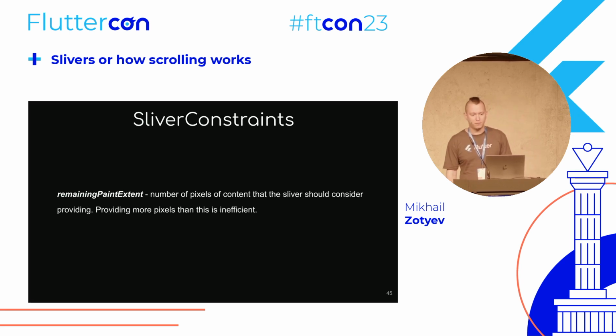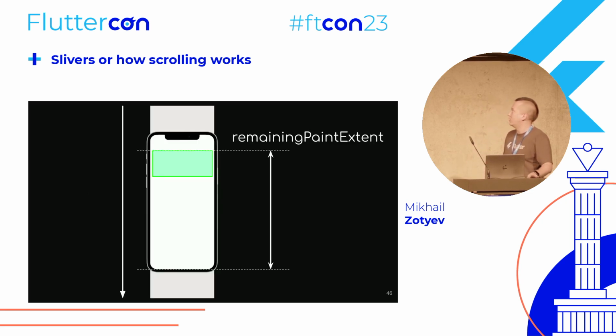Next property is remaining paint extent. It's a number of pixels or content which sliver should consider providing for painting. And providing more pixels, it's not efficient. So we have the painting area, like visible part, and since our sliver can go through this distance, it can take more space to paint.